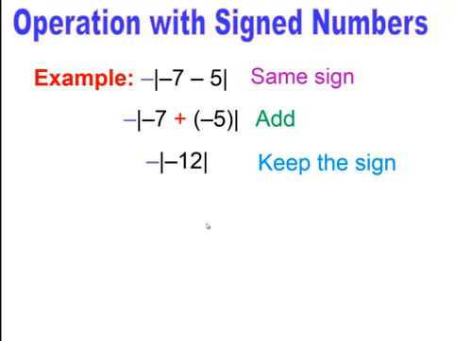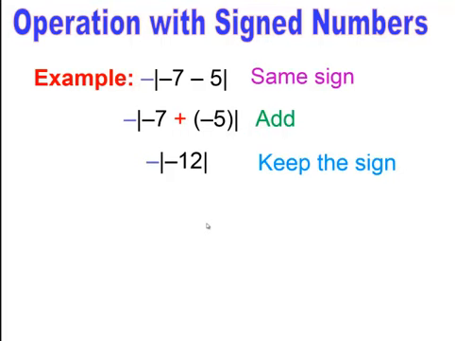Now, in this case, you have to be really careful because there's a difference between the absolute value and parentheses, because this might look like a double negative, but a double negative uses parentheses to indicate it's a double negative. But in this case, it is the absolute value of a negative, and then on the outside I have a negative.